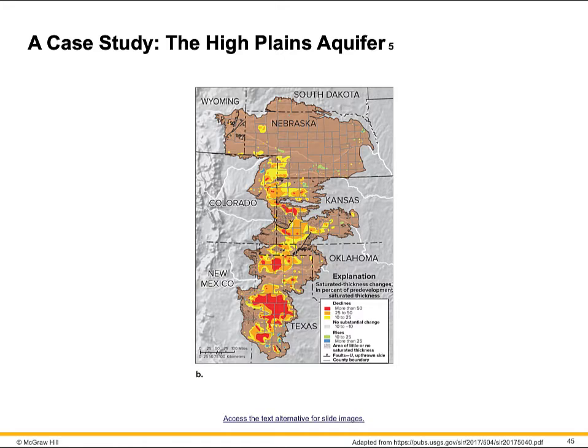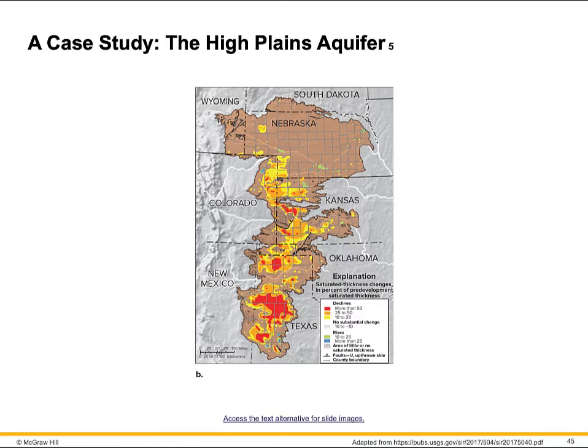The High Plains Aquifer. A decline of the water table of about 1.5 meters in the darker area, and a rise in the water table of about 3 meters in the yellow parts.